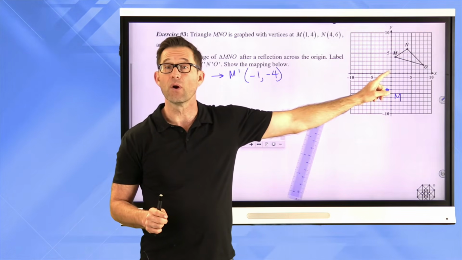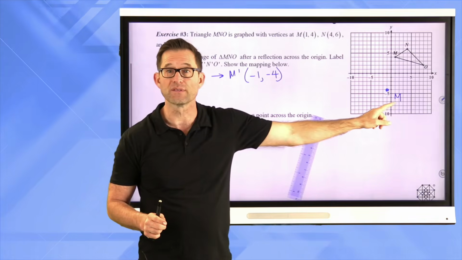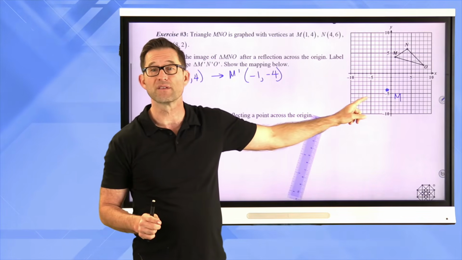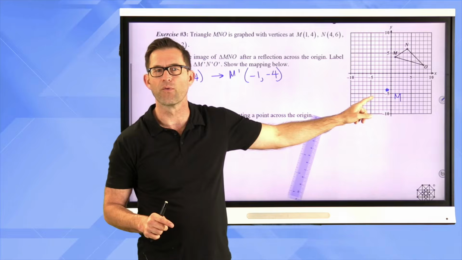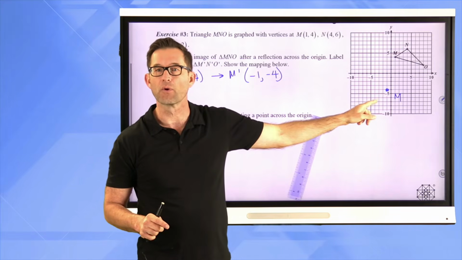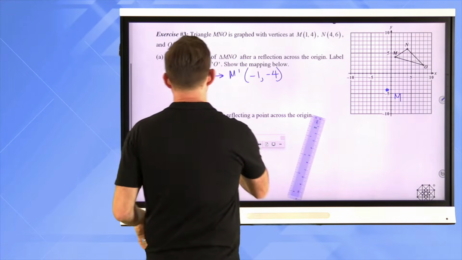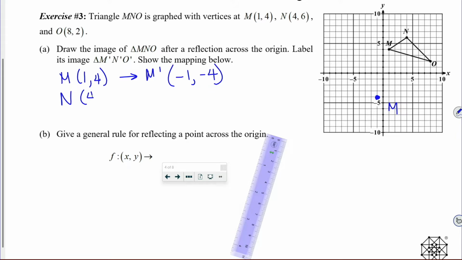Then if I want it to be collinear, I'll go another 6 units down, another 4 units to the left. Sorry if I said right before. And it would be somewhere down here. Specifically, N, which is at (4, 6), will then go to N prime, which is at (-4, -6).